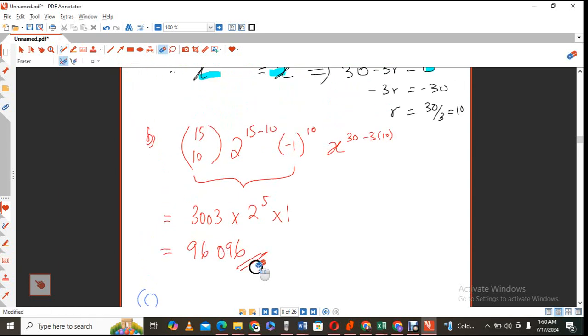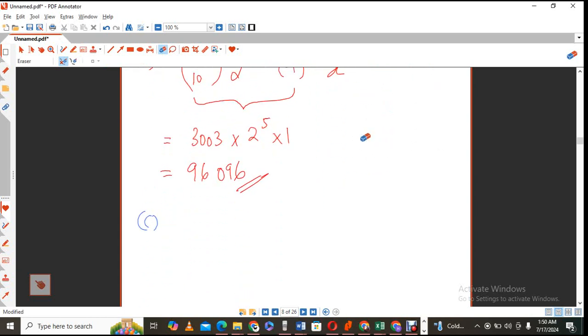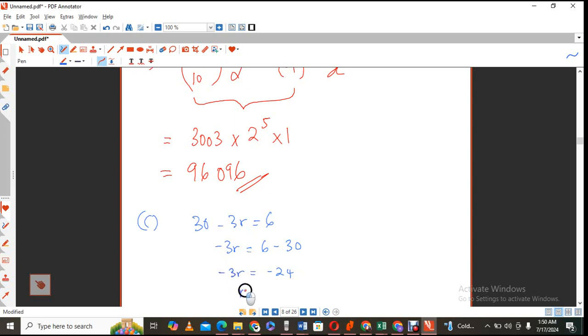I'll just work with 30 minus 3r and let it equal 6, because they are looking for the term containing x to the power 6. So minus 3r is equal to 6 minus 30. 30 minus 6 is 24, so this is negative 24 minus 3r. Then r will be equal to 8.